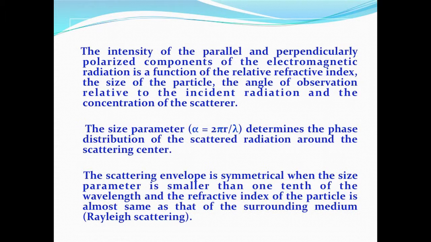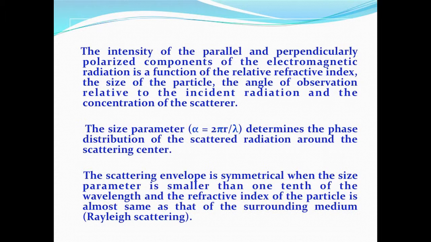They may be conical, they may be square, they may be hexagonal, and so many other types. So, the angle of observation relative to the incident radiation is also an important factor, and the concentration of the scatterer, that is the precipitate, is also some sort of a factor for the linearity of the concentration.